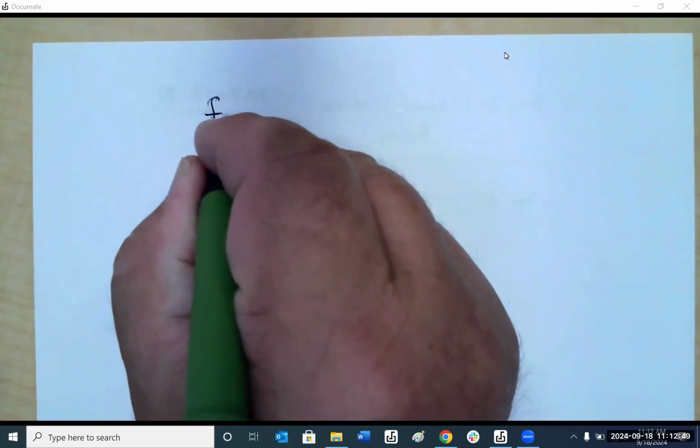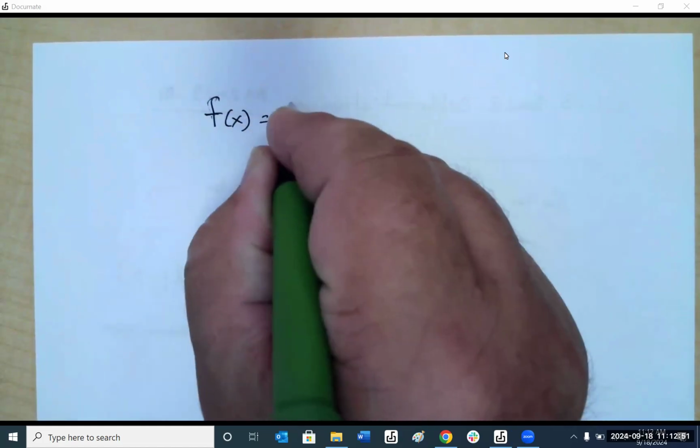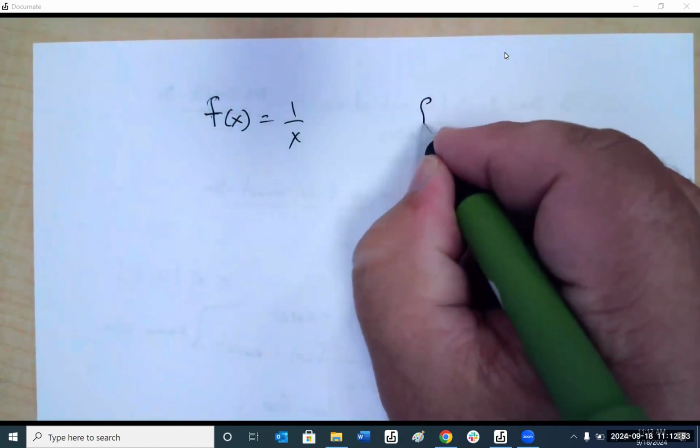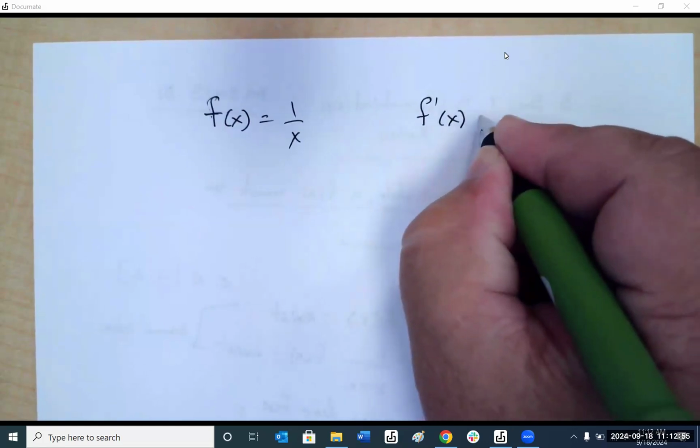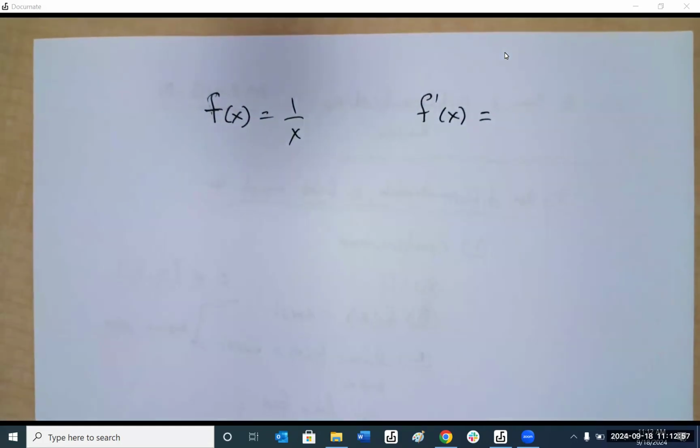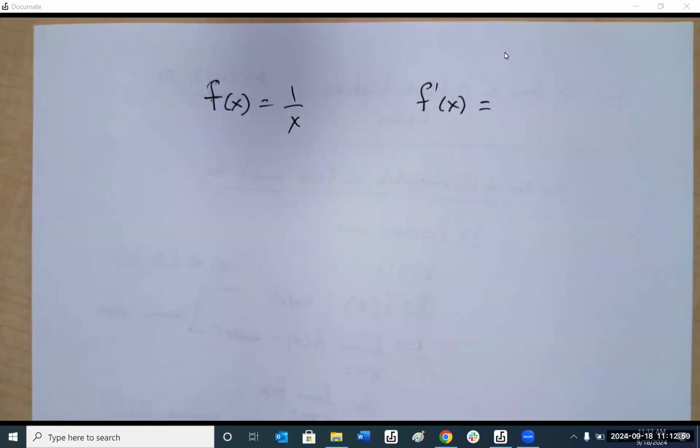For example, if I gave you this function, if I said f of x is equal to 1 over x, what's the derivative? But if you don't remember it, you can always rework it out.